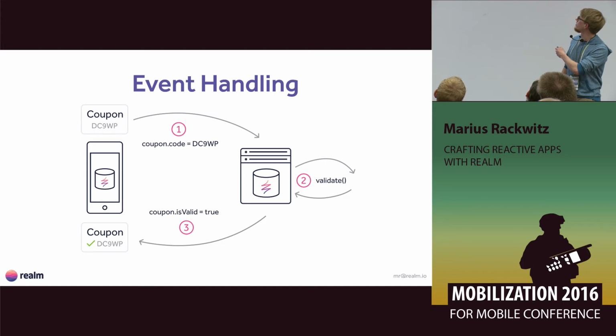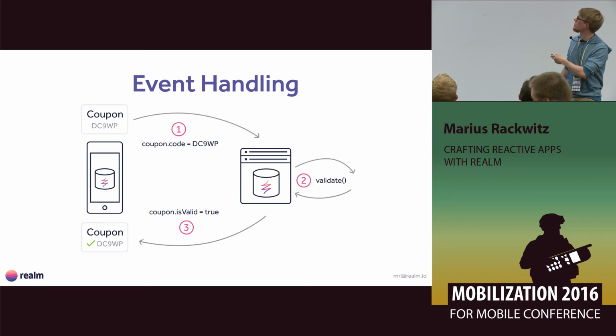There, it will trigger the event in the event handling framework, and the new code will pop up. It will be processed. You could do whatever validation logic you have. Maybe look it up in a global database where all the valid coupons are. This would for sure come from a user-specific database where only the user can read and write. And then you would just make a modification to this object and say, yes, this coupon is valid.